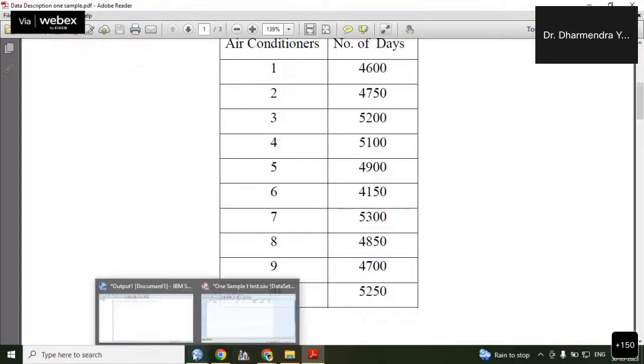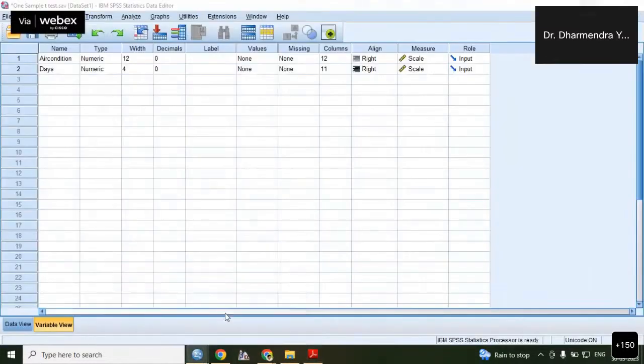This is our data, which I have already filled in. This is the one variable, air conditioner, and it is numeric data because it is 1, 2, 3 to 10, right? And this is the scale measure. Then the other variable is days, and it is numeric.